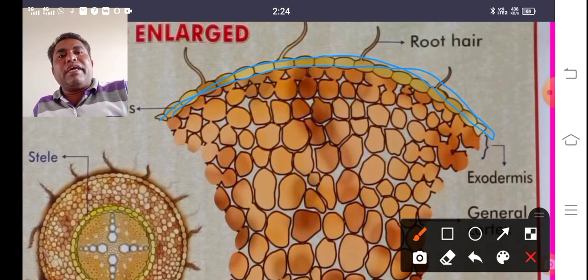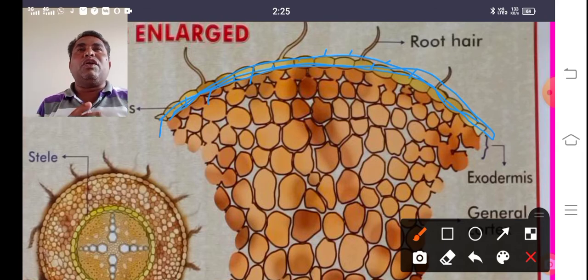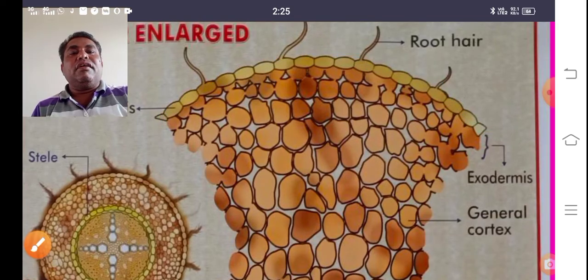This epidermis is uniseriate and multicellular. Multicellular means there are many cells, 1, 2, 3, 4, 5, 6 like this, but how many layers? Only a single layer is present, so it is called the epidermis. Usually in the dicot root it is the outermost layer, uniseriate and multicellular, and the cells in the epidermis are rectangular.